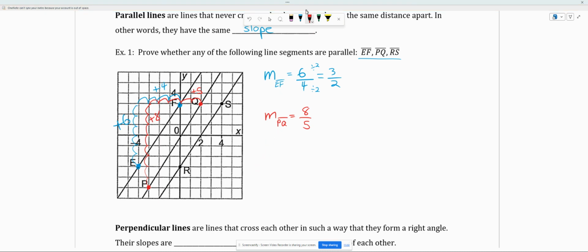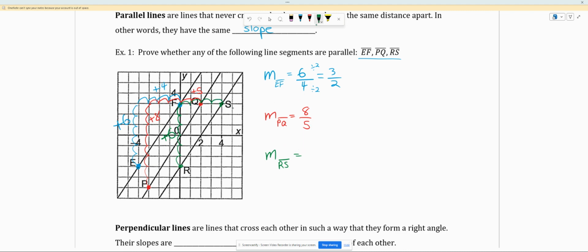And let's check the last one. Let's switch to green for this. We'll look at our last slope for line RS. We'll take these two points here. It looks like we have a rise of 1, 2, 3, 4, 5, 6, so plus 6, and then a run of 1, 2, 3, 4.